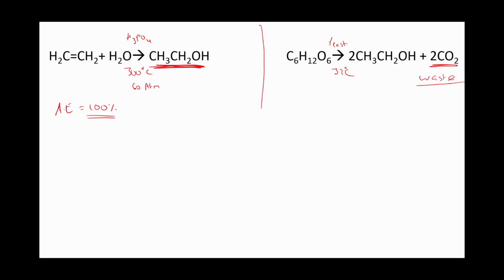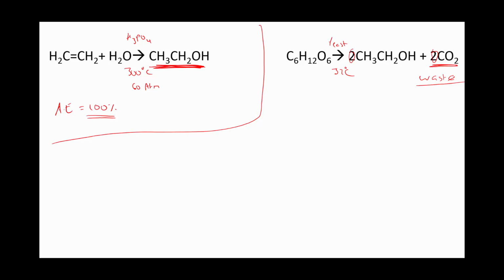What I'm just going to do is split it up. Again, it's the same format as we did for the earlier one, except there's something that we need to be aware of, and I'm going to just circle it here. And that's the stoichiometry. The 2 moles of ethanol and the 2 moles of carbon dioxide. It plays a part in working out the atom economy.